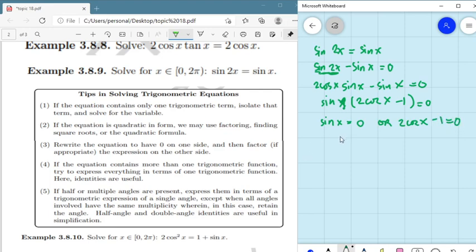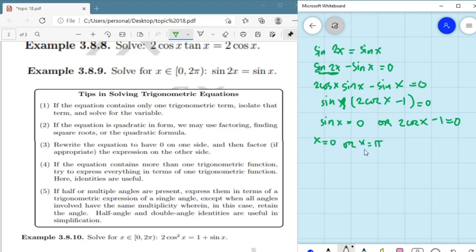So in this case, where is the value of x where sine x is 0? So x here is 0 or x is pi.